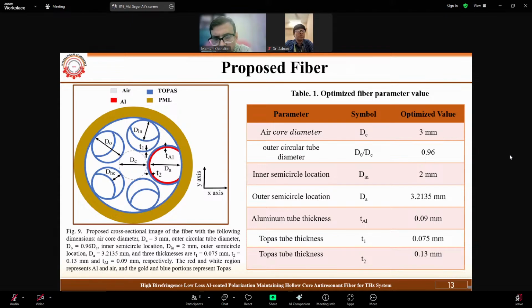The red portion represents the aluminum coated region, the white region is air, the blue region is the topaz material, and gold represents the PML layer.